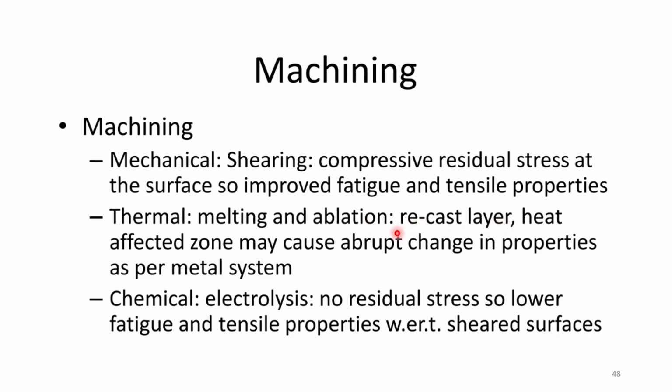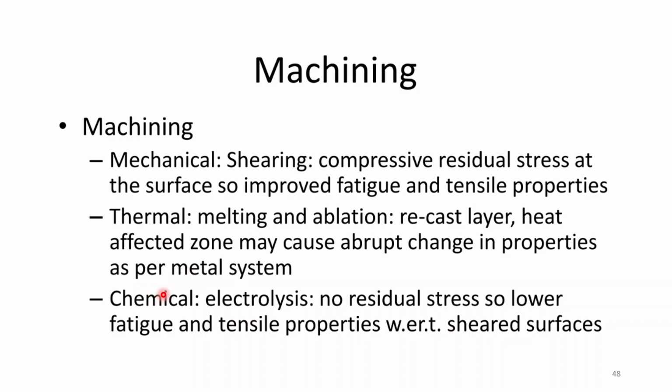There will be a heat affected zone, which may cause abrupt change in properties as per the metal system. For example, if it is steel with very high hardenability, it might form martensite, so it will have very high hardness at the surface.